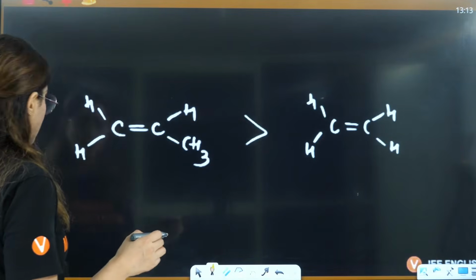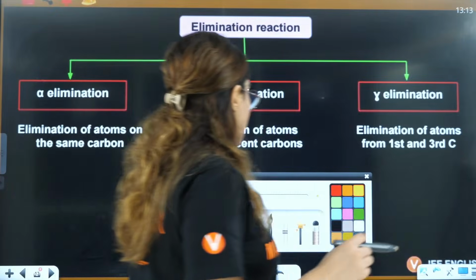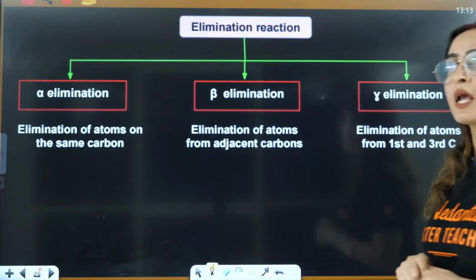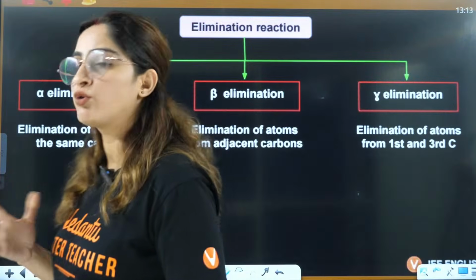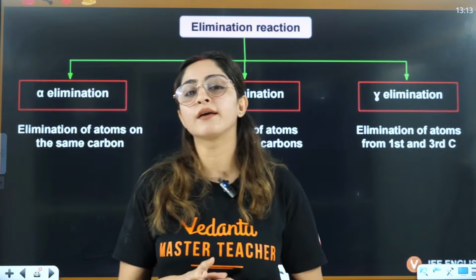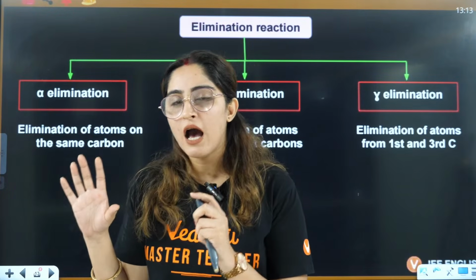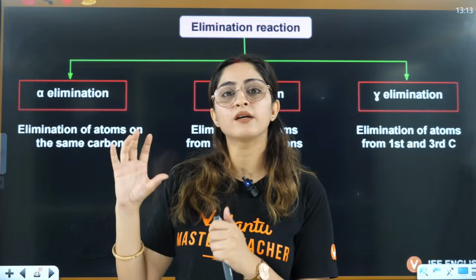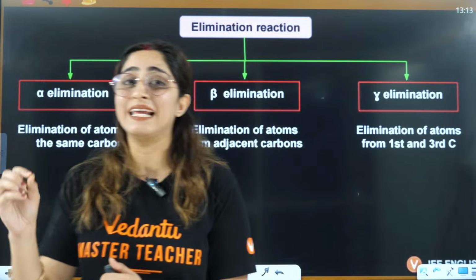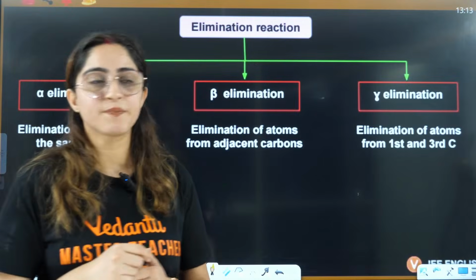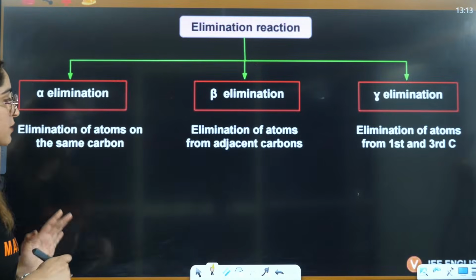So next is, before moving towards the preparation of alkenes, we need to know some important parts regarding the mechanisms. There is one kind of reaction called elimination reaction, where things are eliminated. Now, three types are possible.